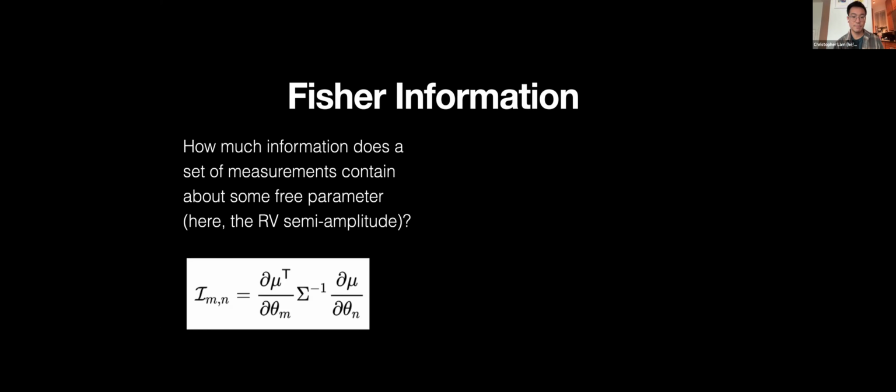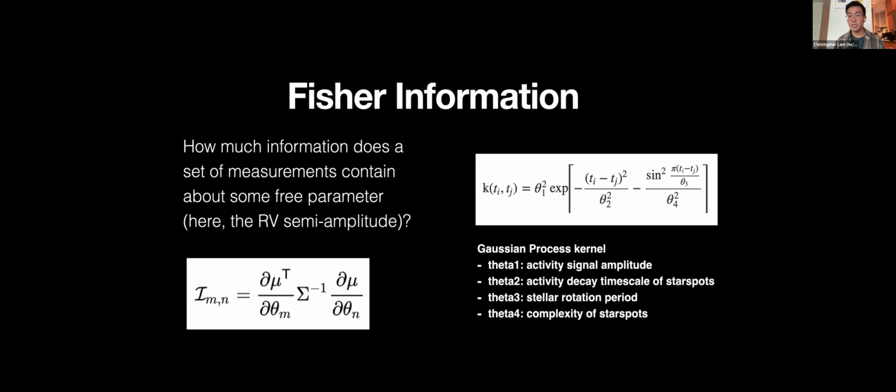The two main ingredients here are the partial derivative of mu, which is the mean model, which is the Keplerian, with respect to theta m, which is one of four stellar variability hyperparameters that we threw in. And then we also have an inverse covariance matrix, and that's populated by this quasi-periodic kernel that we chose.